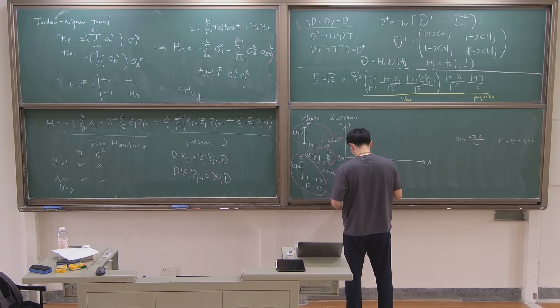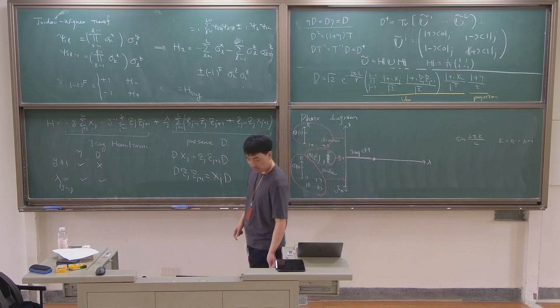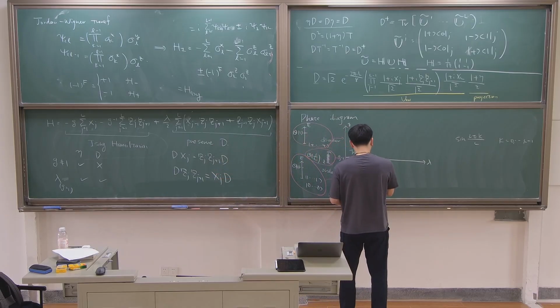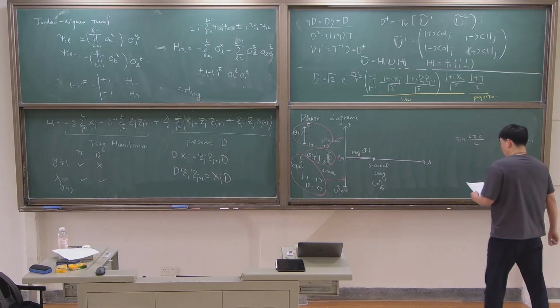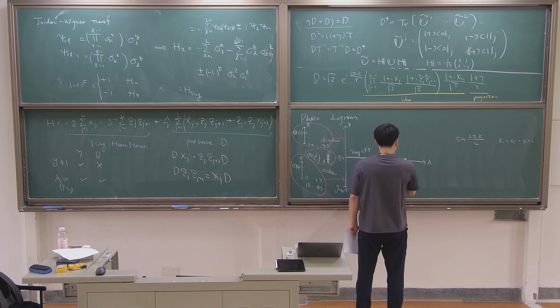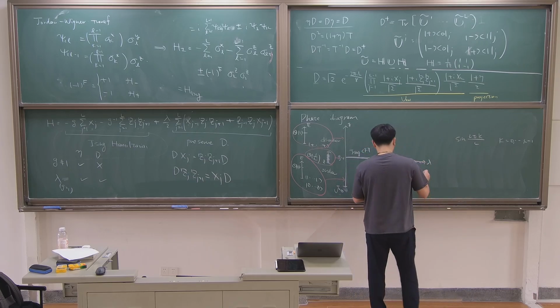And at some point, you get something called the tricritical Ising model, where some non-perturbative effects become important. And then after that, it becomes this part. It's gapped.